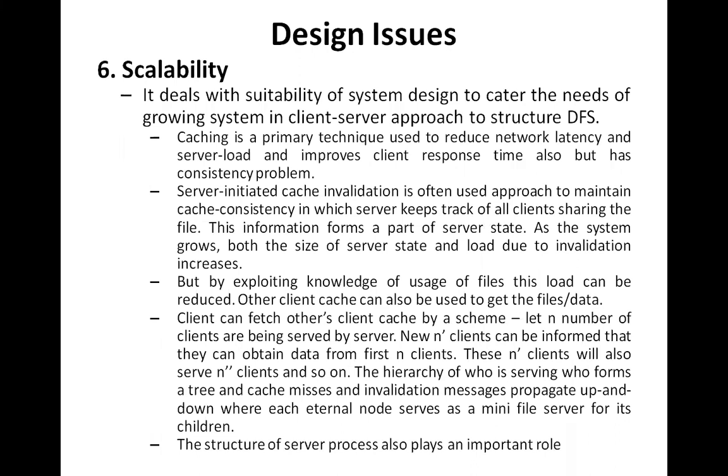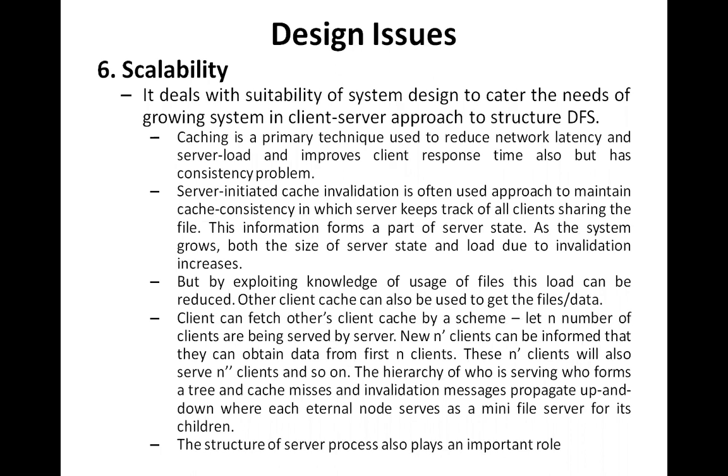Now the next issue is scalability. The issue of scalability deals with the suitability of the design of the system, so that it will be able to cater to the demands of a growing system, where the number of clients becomes more and the number of file servers is increasing.